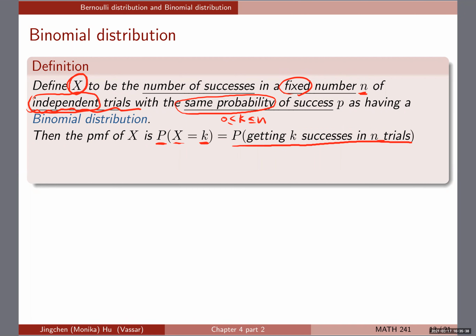Before showing the PMF directly, let's think about how we can actually get that PMF. I think all of the stuff that we need to know is already available. Now we just need to put all of the pieces together. This is going back to chapter 1 about combinations. We need to get k successes in n trials. This is very similar, if you recall, to when we used combinatorial analysis to show why the binomial theorem works.